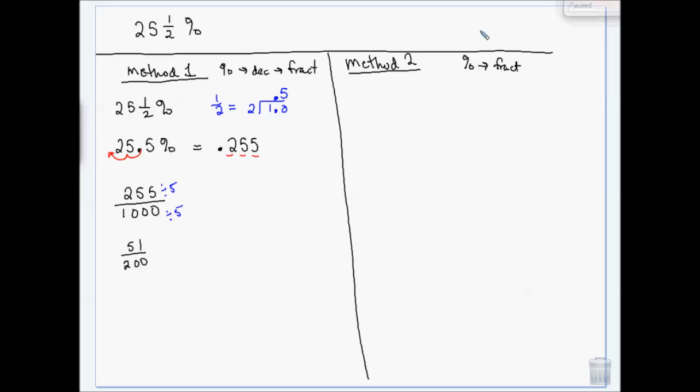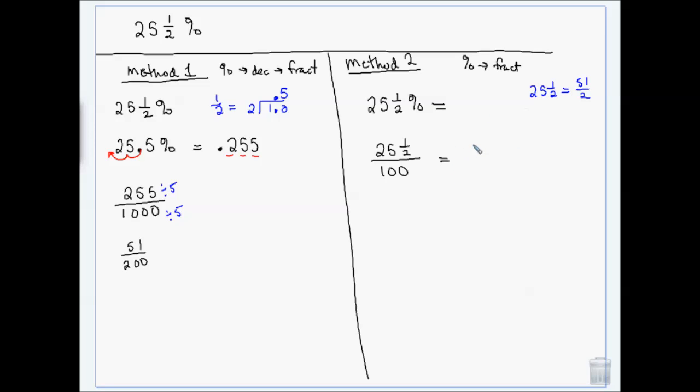Can we get the answer quicker? Okay, so I'm going to go 25.5%, and that's going to be 25.5 over 100. It's always 100. And 25.5 is not allowed, so I'm going to convert 25 and a half. What am I doing? 25 and a half is 51 halves.